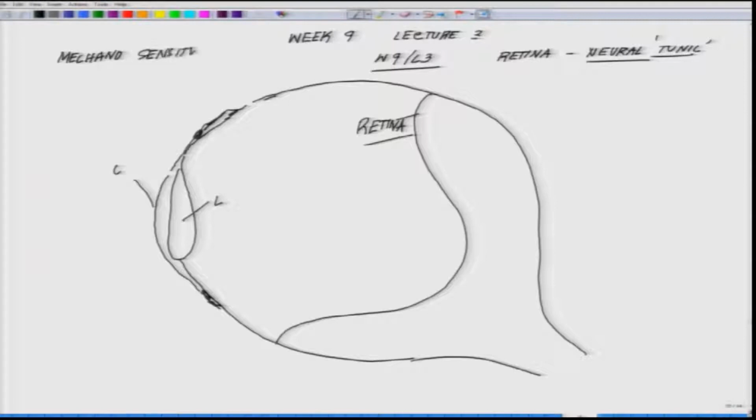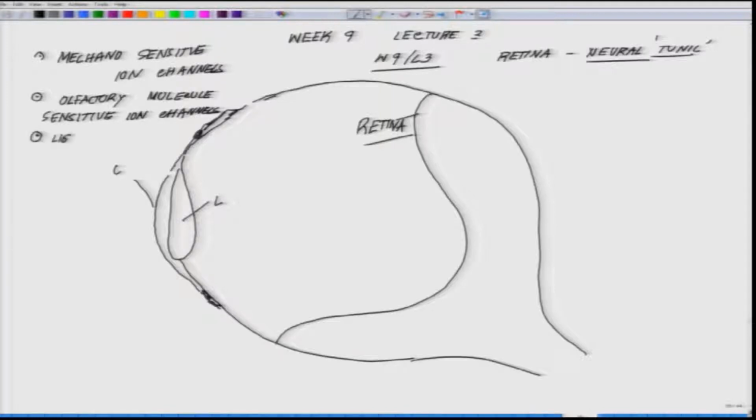we talked about mechanosensitive ion channels, olfactory molecule sensitive ion channels, and now we are talking about light sensitive ion channels.